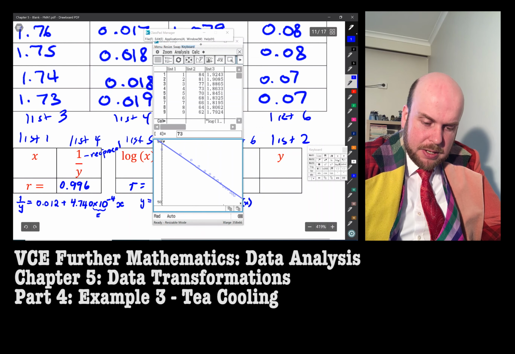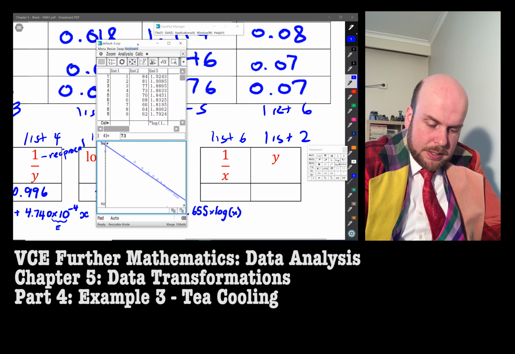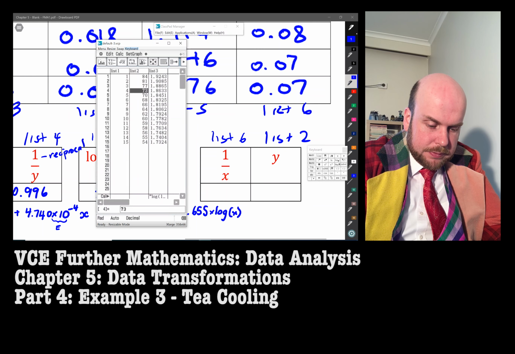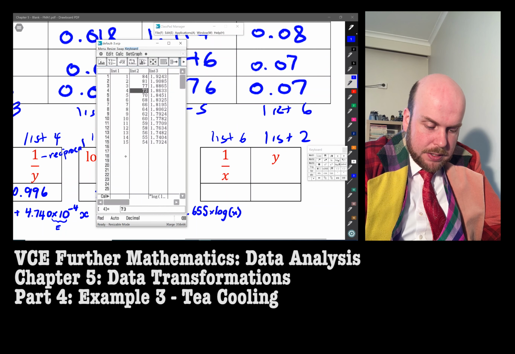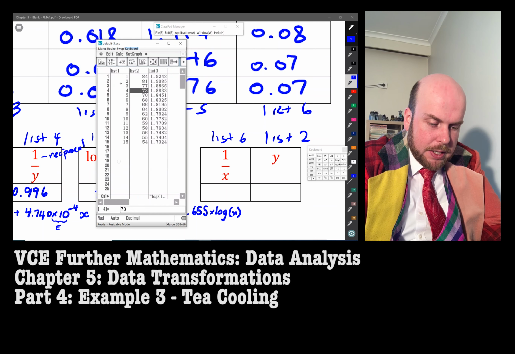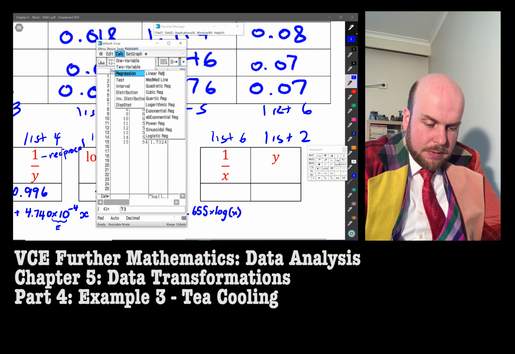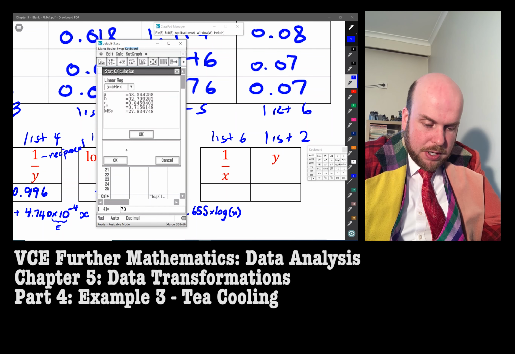Now let's try the reciprocal x this time. So we've got a setting, and this was list 6, list 2. So make sure I did that properly, yep. And I go to calc, regression, linear reg, list 6, list 2. And this is dreadful.